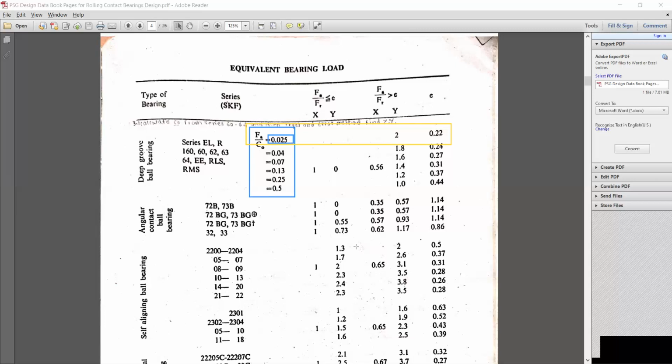Finding the ratio of Fa upon Fr, we get 0.48. After the comparison, the Fa upon Fr ratio is greater than the value of e. So that's why we have chosen this column, the Fa upon Fr ratio column.